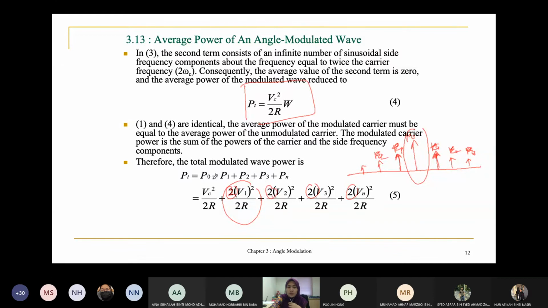If you just add these up, you will get the answer for P total for the angle modulated wave. The thing is, you need to know the values of V1, V2, V3 and so on before you can calculate P1, P2, P3 and also P total. This one is the side frequency, and this is the carrier signal.